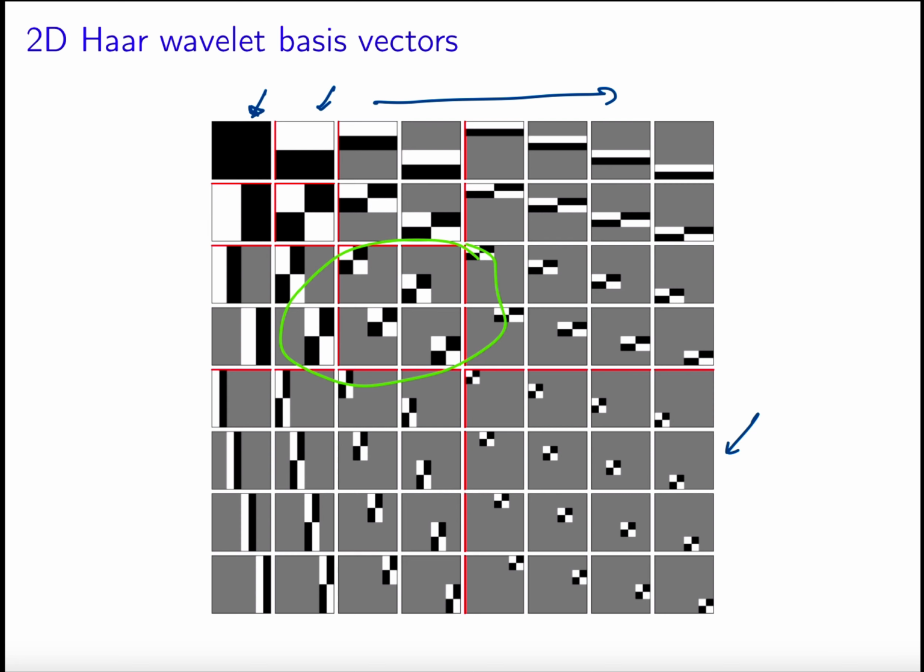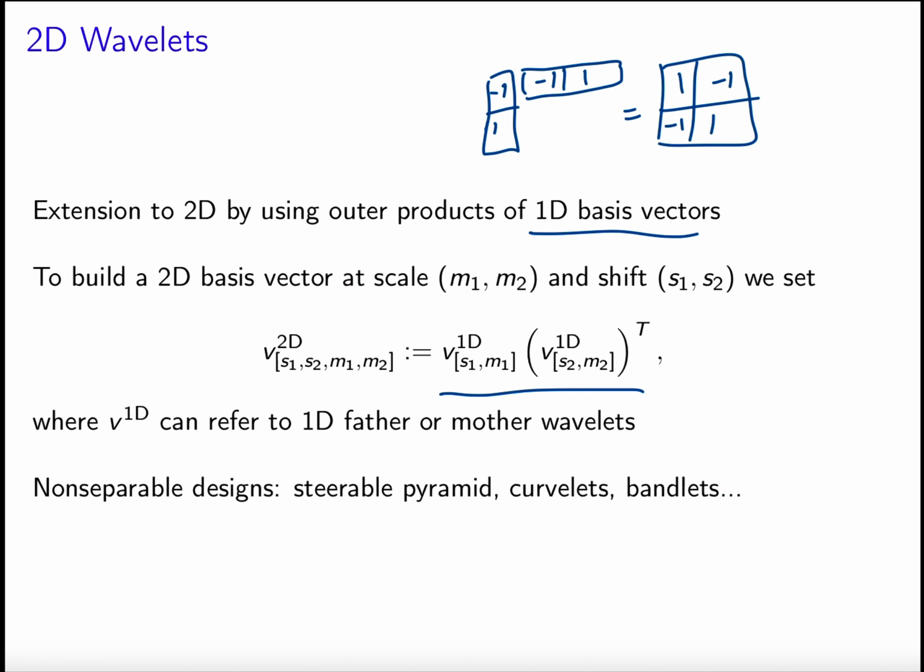We take just outer products, and you have to choose what outer products you take so that the wavelets remain orthogonal. There are other ways of building 2D wavelets, or wavelets in multiple dimensions, that are more sophisticated and cannot be written as separable.